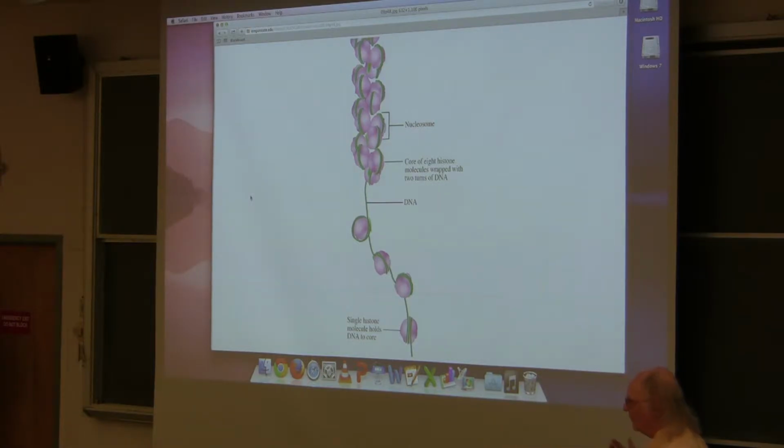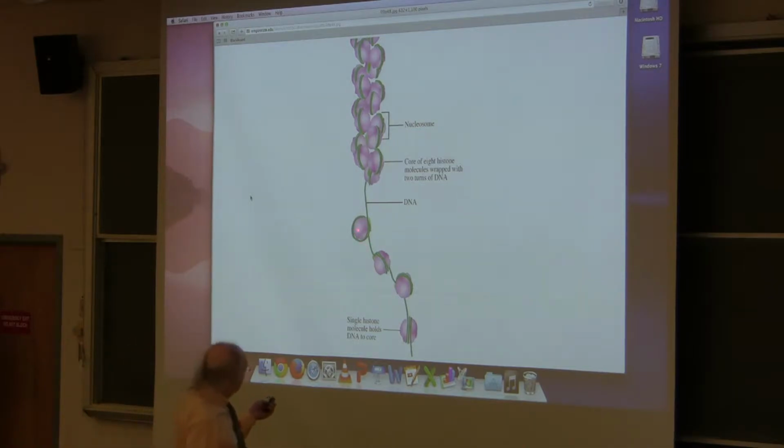Bacteria don't have chromosomes as such, at least not like we do, and they don't have histones, and therefore they don't have chromatin. So we can think of bacteria as having sort of naked DNA, whereas our DNA is so humongous that we've got to coil it up to fit inside of stuff. So that's what the histones provide.